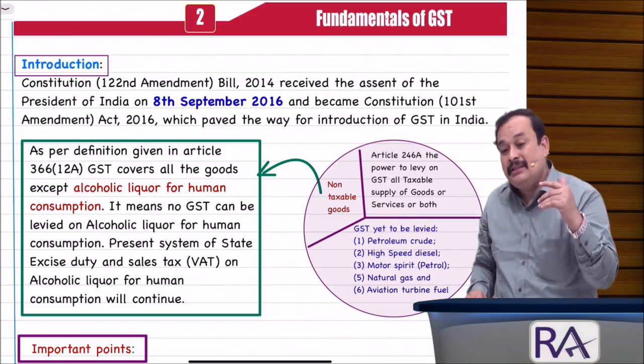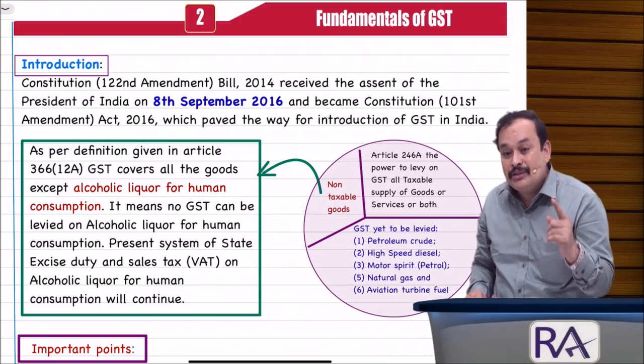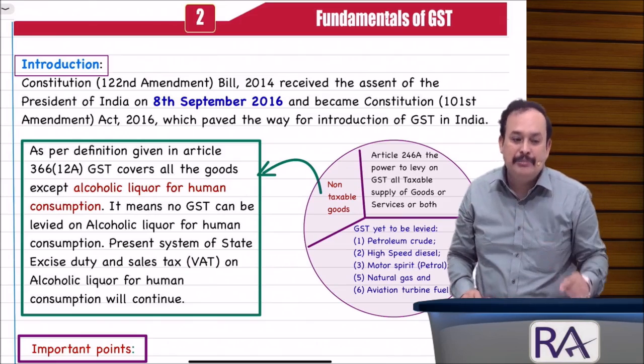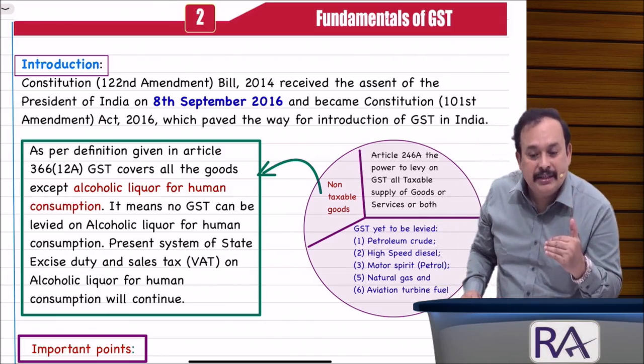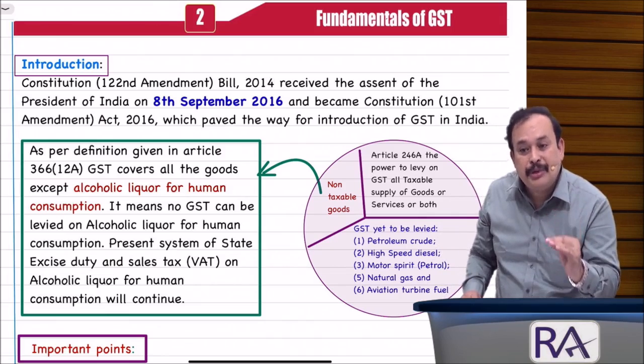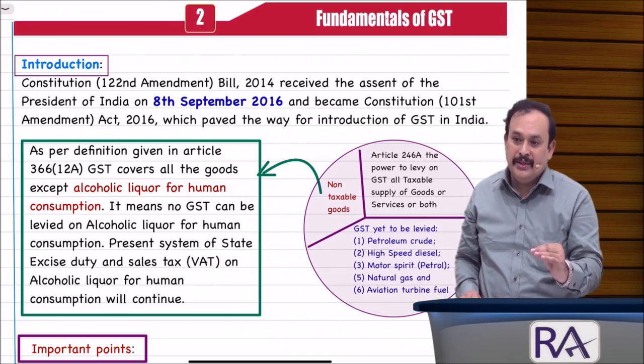GST bills became an act on 8th September 2016. The amendment in the Constitution, the 122nd Amendment Bill, received the assent of the President of India on 8th September 2016.